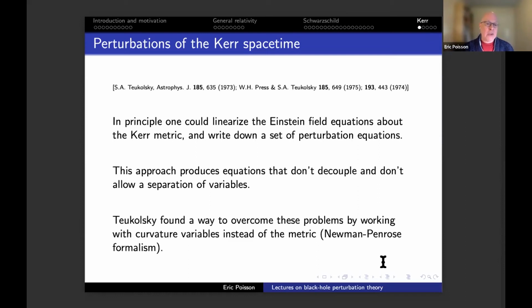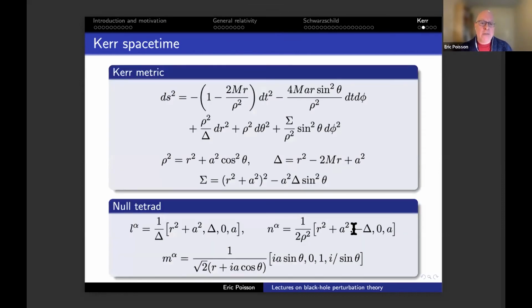The way out of this was formulated by Teukolsky, very famously, in the early 70s, when he found that if you use the Newman-Penrose formalism and deal instead with perturbations of the Riemann tensor, rather than metric perturbations, then you can achieve simplicity in a very different way. I won't go into the details of this because, again, I'm running out of time.